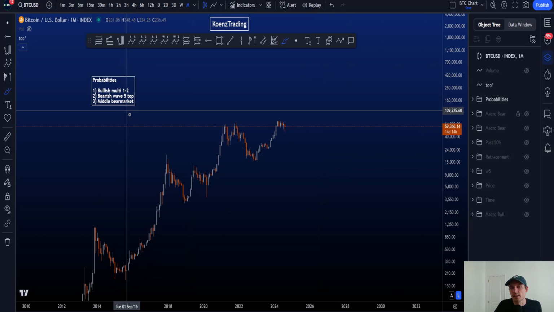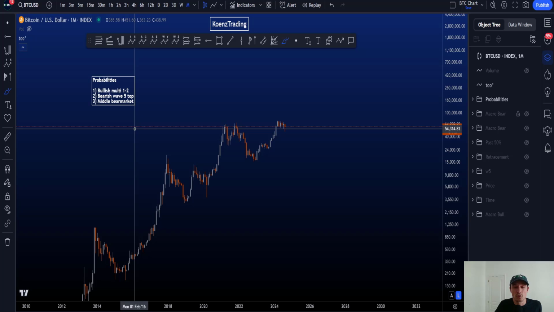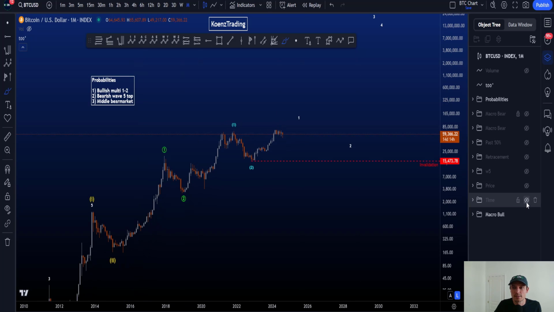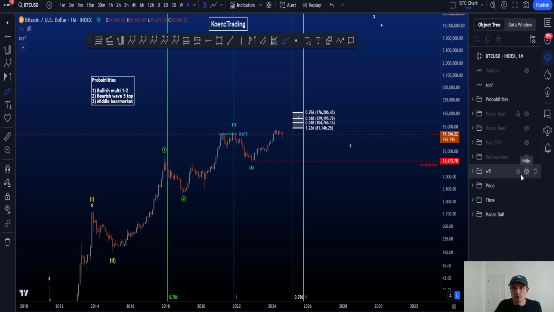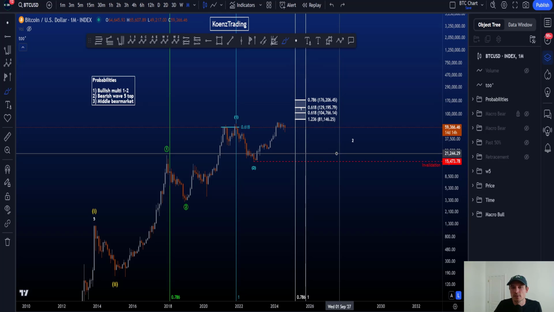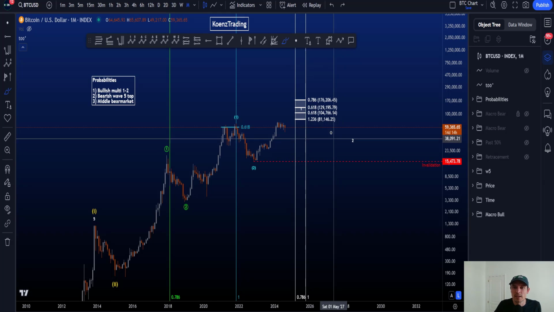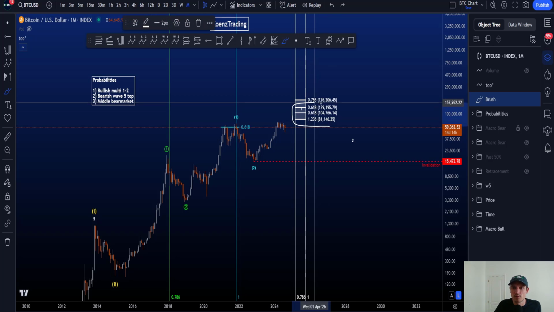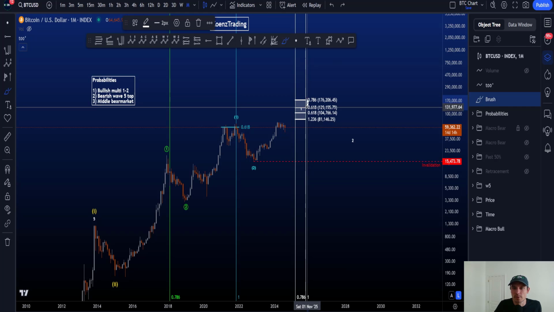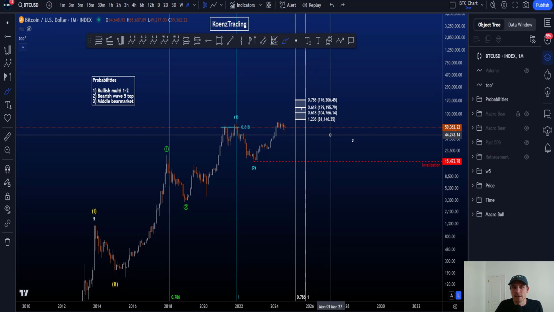So if we then finally look at the probabilities of these different scenarios, then currently the highest probability scenario is the bullish scenario here, where we are looking for another wave 1 to top out somewhere between 81.1k and 176k. Most common target would be 81k to 130k, but the flexibility gives us a little bit of room to 180k.